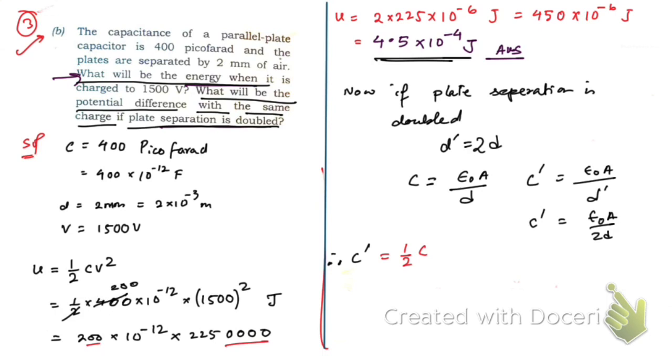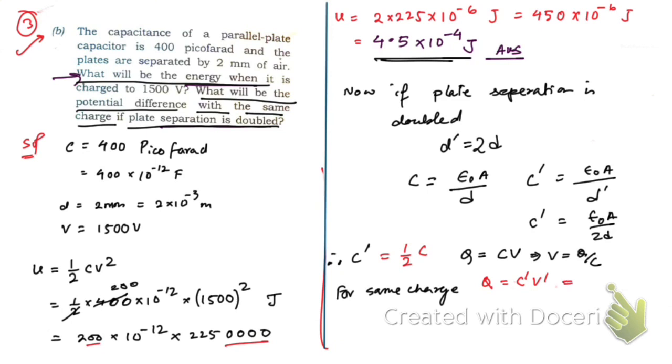Now the charge is the same. We know that Q is equal to C into V, right? Which implies V is equal to Q by C. Again, for the same charge, the charge is the same, that's why we have C dash and V dash.